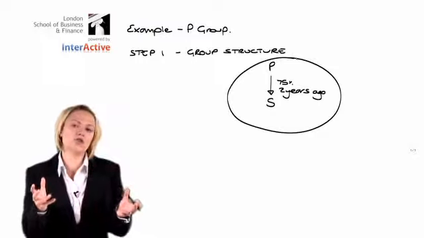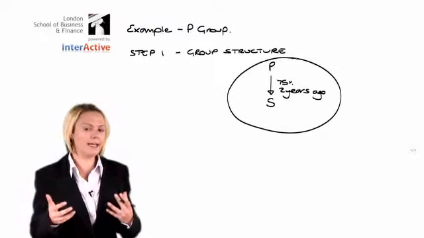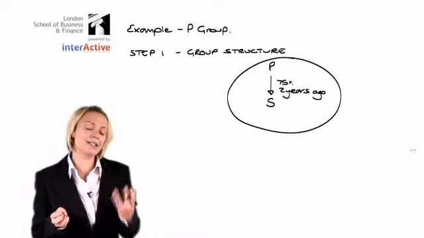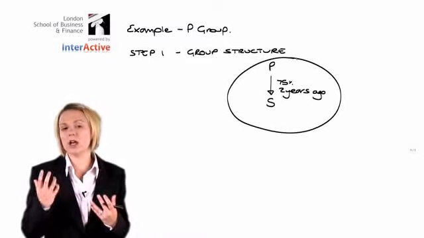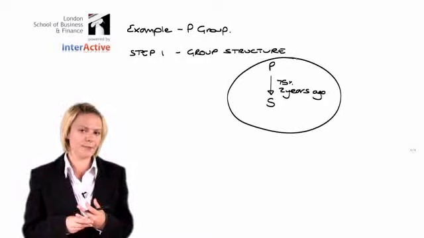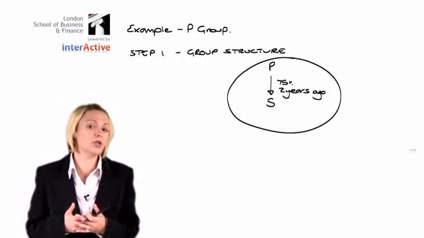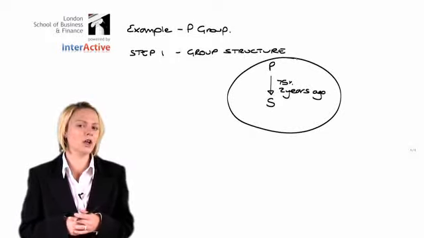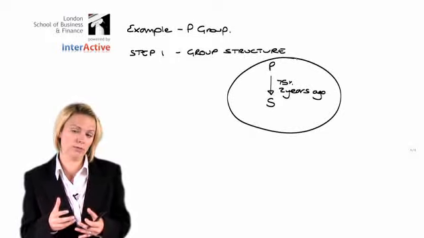Now, because we have control, all the assets and liabilities of Company S will be consolidated and added together with Company P's assets and liabilities. At this point, it's also useful to note the non-controlling interest in Company S, what we don't own.